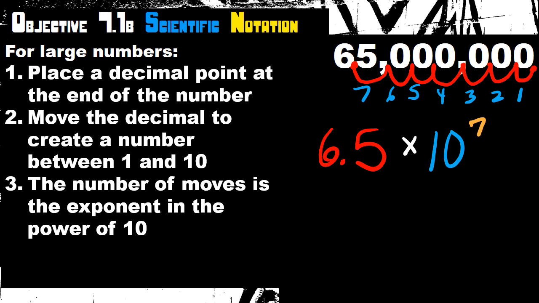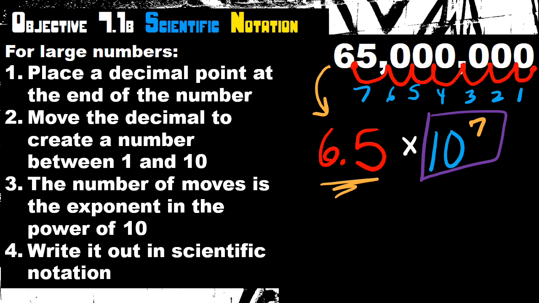Congratulations, we took 65 million and wrote it in scientific notation: 6.5, a number between 1 and 10, times 10 to the 7th power. This works for any large number we need to deal with.